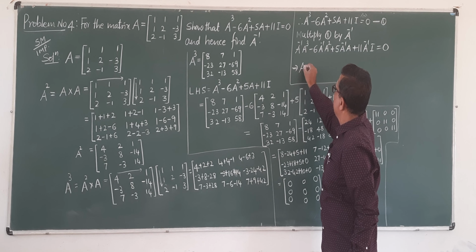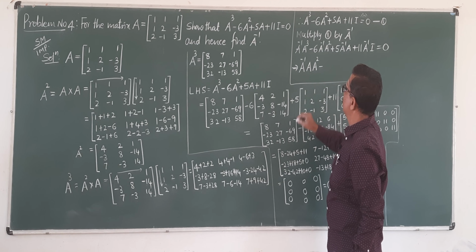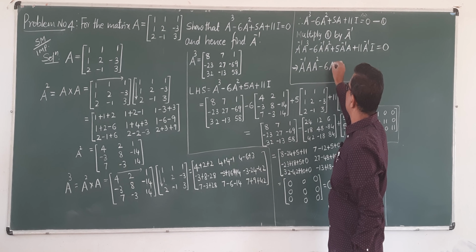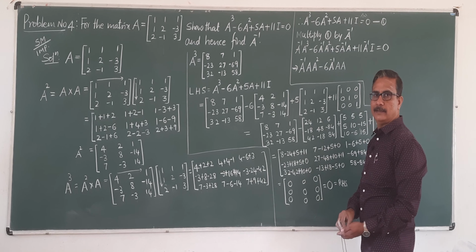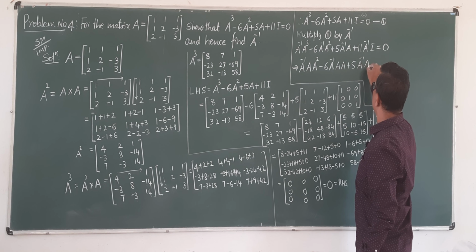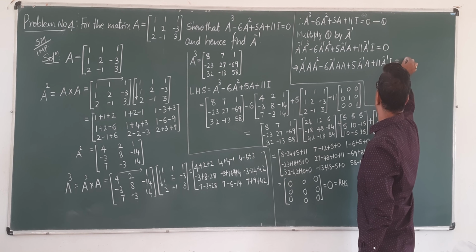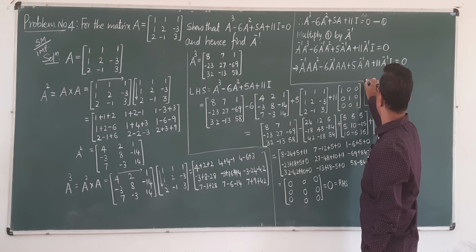This implies A inverse into A cube is the same as A into A square, minus 6 A inverse A square is the same as A into A, right? Plus 5 A inverse into A as it is, plus 11 A inverse into I as it is, equal to 0.